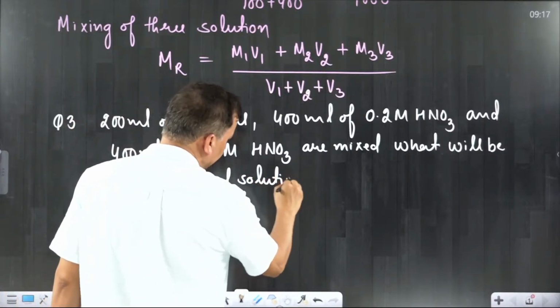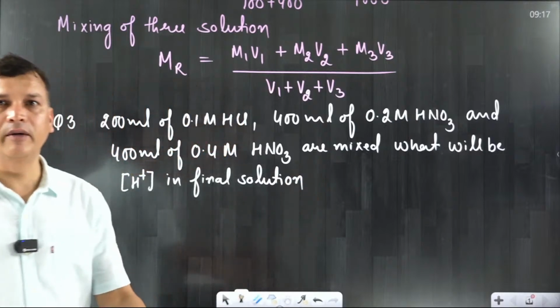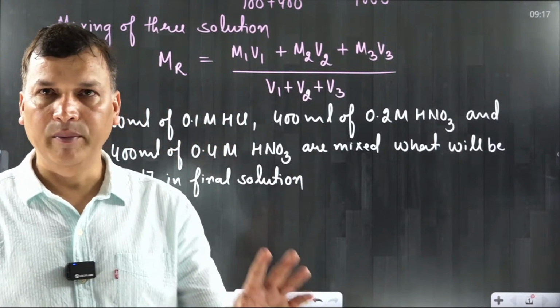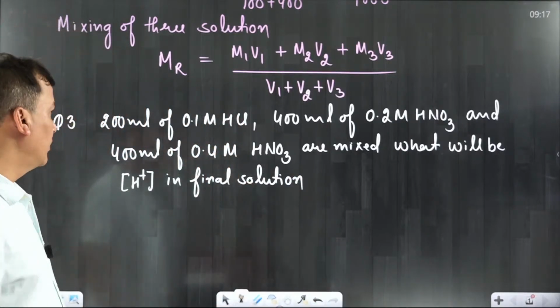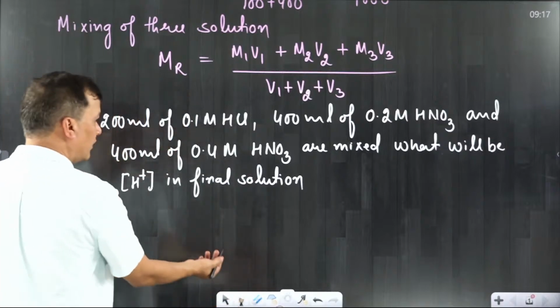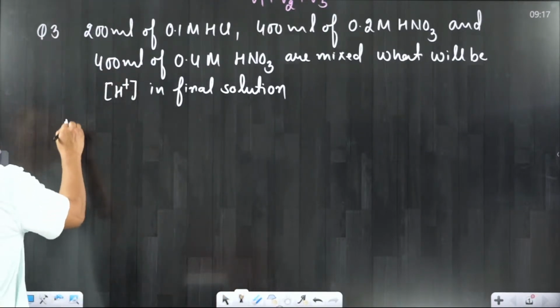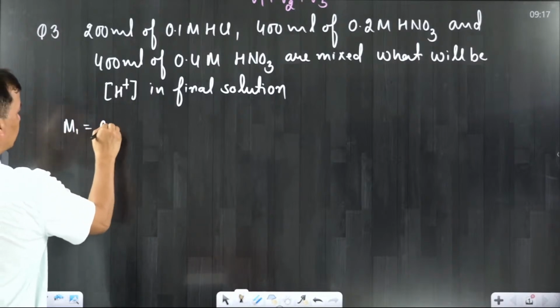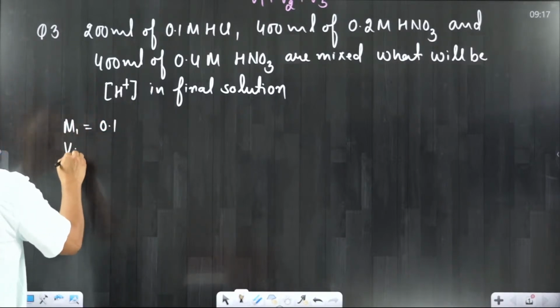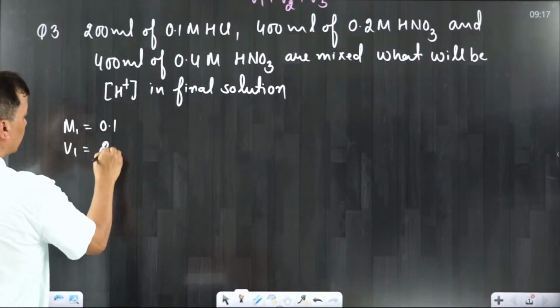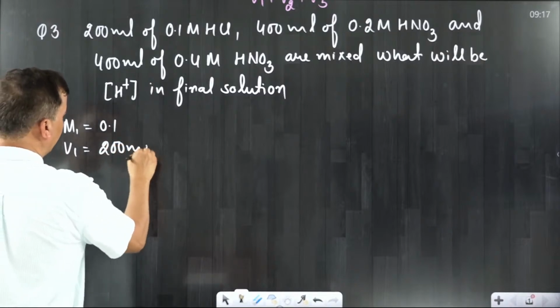My dear friend, please tell me how many solutions we are mixing here. We are mixing 3 solutions. Okay. Now I am writing here. M1 is equal to 0.1 and V1 is equal to 200 ml.